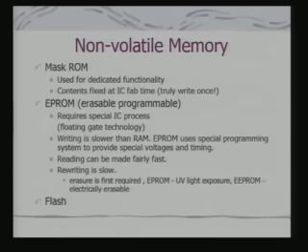Here the writing is slower than RAM, and it uses a special programming system to provide special voltages and timing. Reading can be made fairly fast, but rewriting is slow because you have to erase, and you typically talk in terms of UV light exposure for erasing EPROM, and electrically erasable modules are called EEPROM. Flash is a variant of this EEPROM.